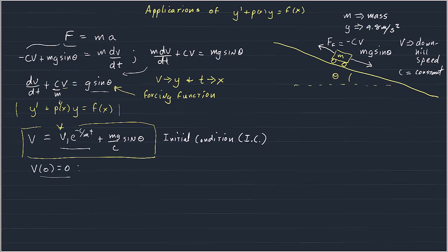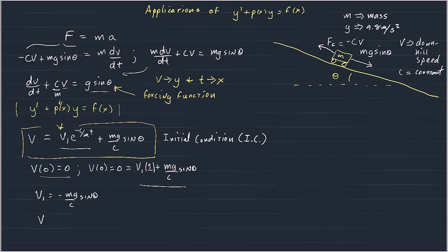So to do that, we substitute v of 0 is equal to 0, and that's equal to v1, and we substitute 0 for time, and that gives e to the 0 power gives a 1, and then we add our forcing term. And when we solve for v1, we get v1 is equal to minus mg over c sine theta.